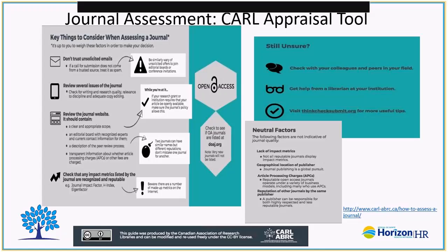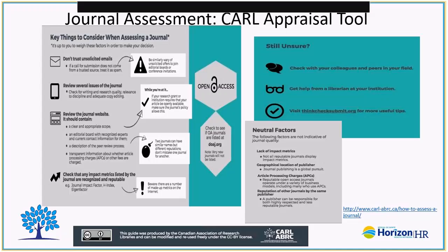They also include neutral factors, and these include the lack of impact metrics. Like I said, I will discuss impact metrics coming up. Geographical location shouldn't affect your decision making because journals are created and based all over the world.